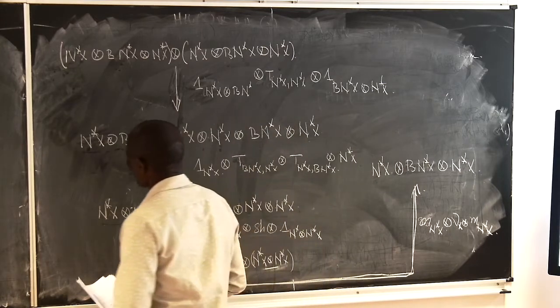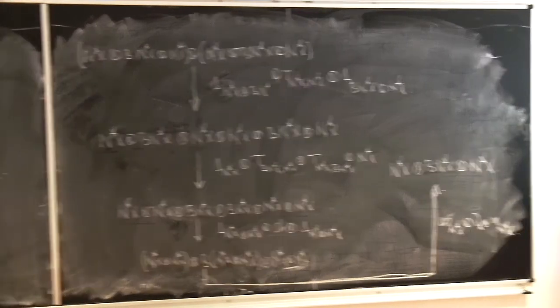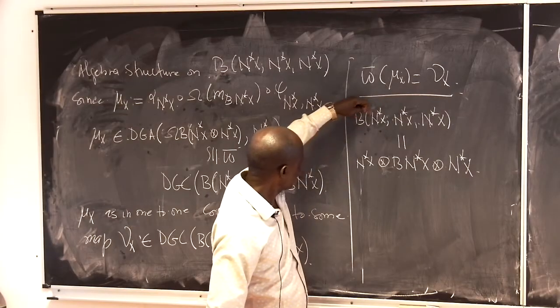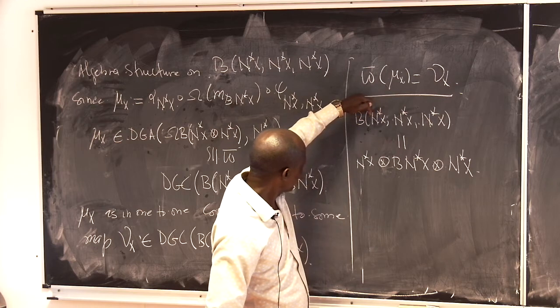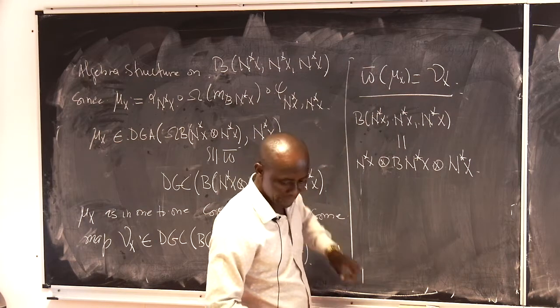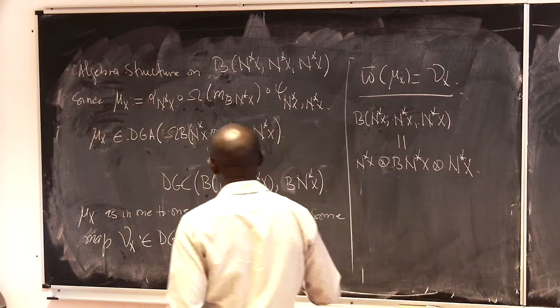So the product on the bar construction with double coefficient of the bar construction on the singular quotient algebra with double coefficient in Nx itself is given by the composite of the vertical arrows here.